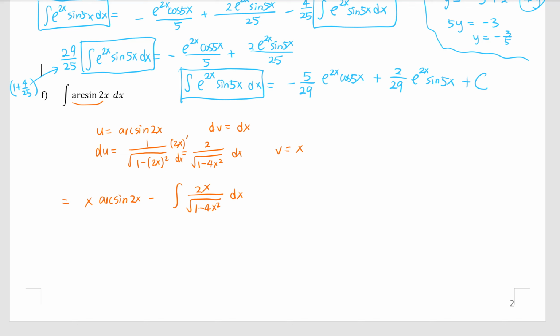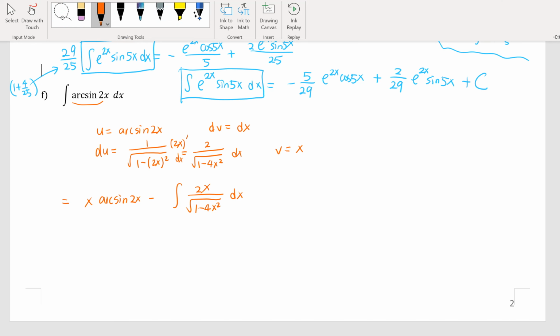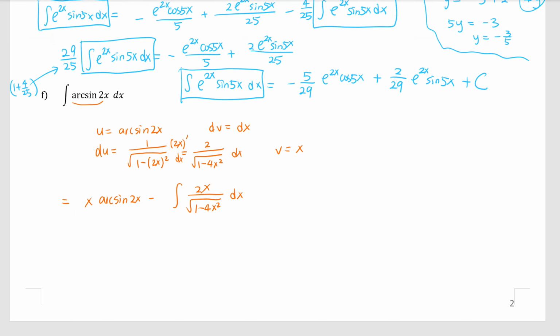Okay, how do we integrate this guy? Use substitution. Abuse of notation. So many u's. You see the chain rule, there's a u. Integration by parts, there's a u. And here, this is the u substitution. There is another u. So let me write it down. Here the u is the chain rule.